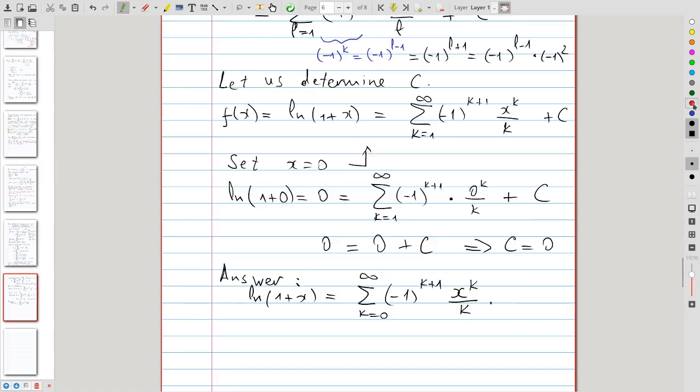And so this formula will be useful in what follows, and this is something we will want to remember.